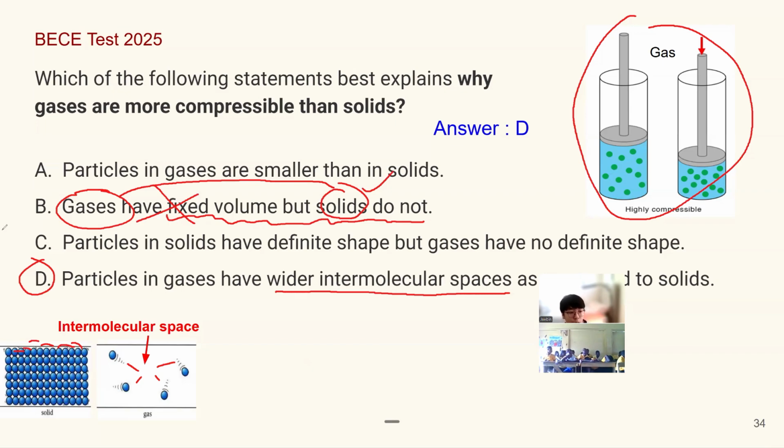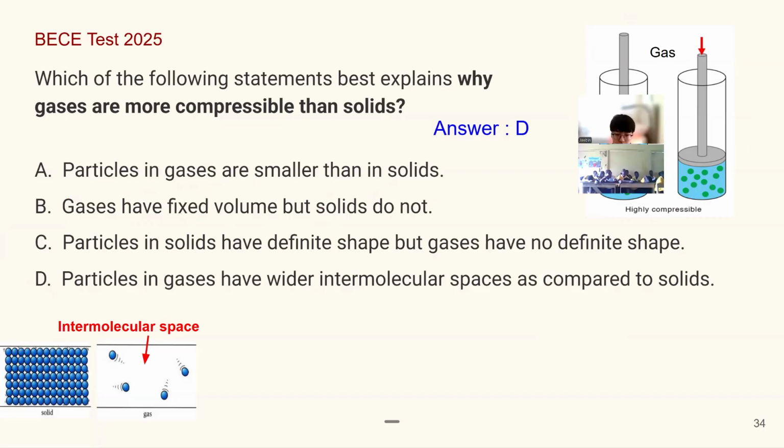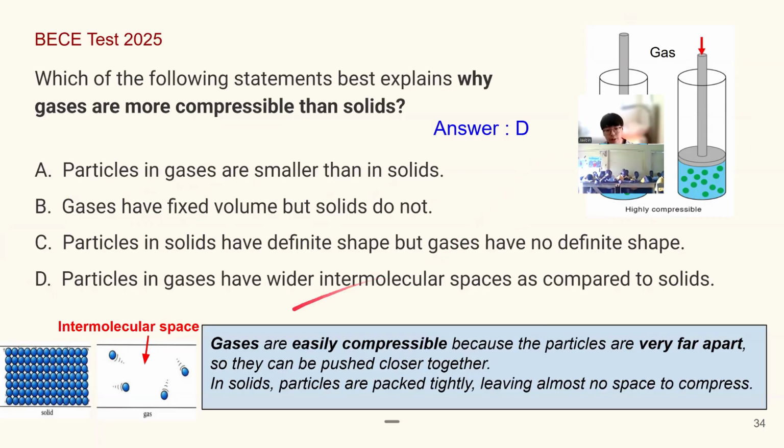So this should have been the opposite for answer B. Gases are easily compressible because the particles are very far apart, so they can be pushed closer together. In solids, particles are packed very tightly and leave almost no space to compress.